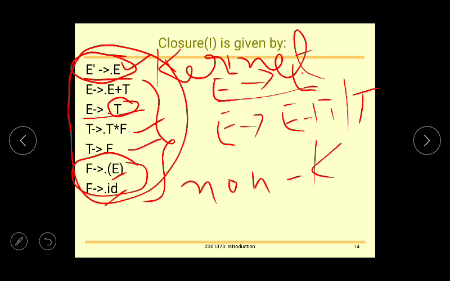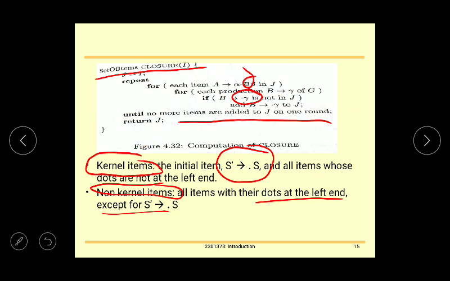That is, the dot is followed by a non-terminal. That's why we have added the remaining things. So the kernel item is the first item. A non-kernel item is an item which is added because of the kernel item. Like that also we can say about kernel and non-kernel items. This is the formal definition: items having their dot at the left end, and items not having the dot at the left end.